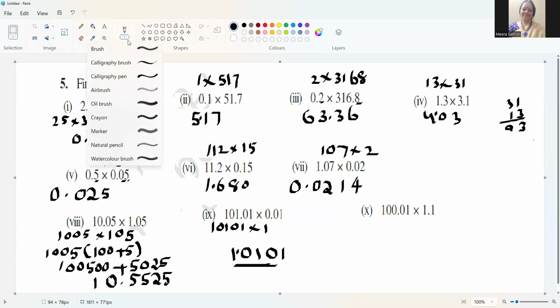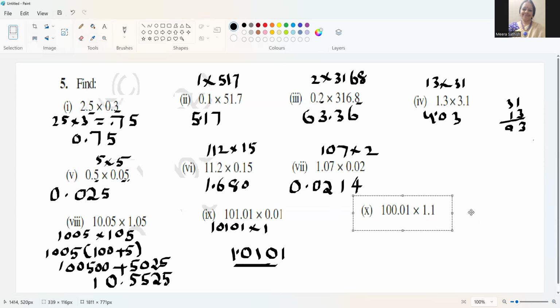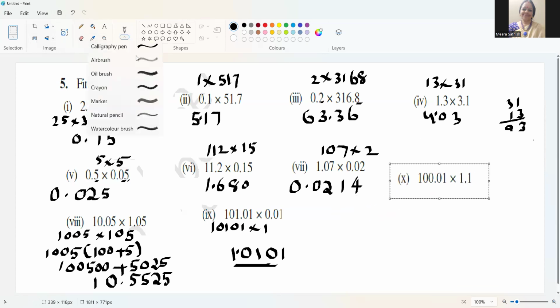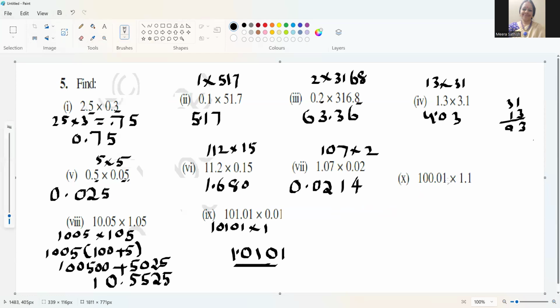So here also I will multiply using that distributive property. So this is actually 10,001 into 11. Okay. So I will multiply another way. 11 into 10,001, I'll split: 10,000 plus 1. So 11 into 10,000.